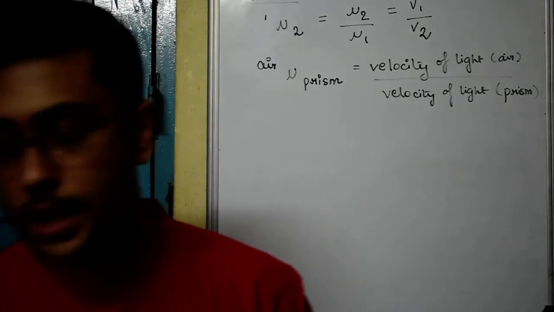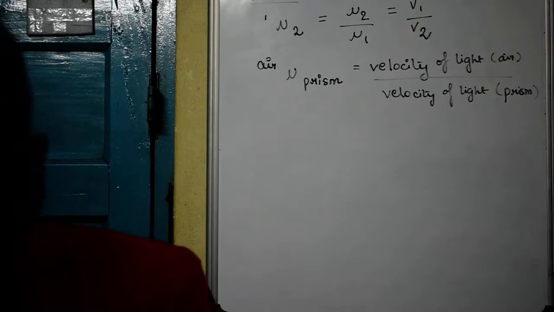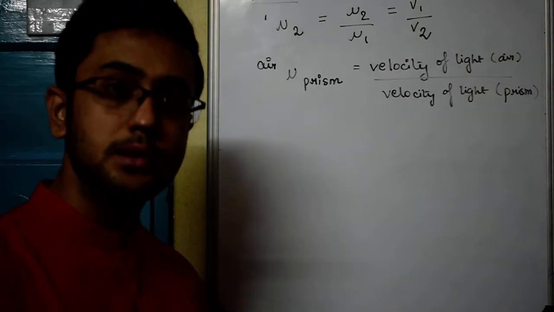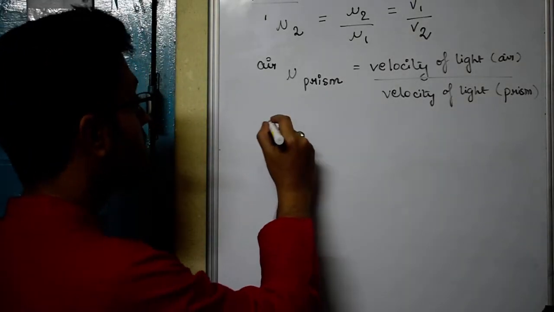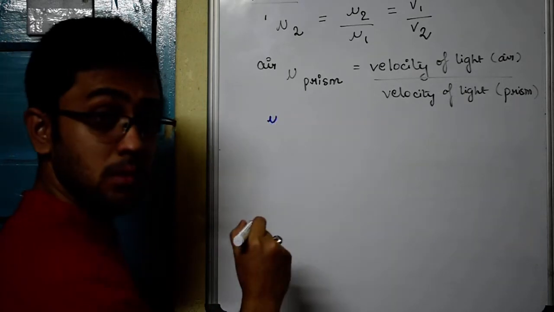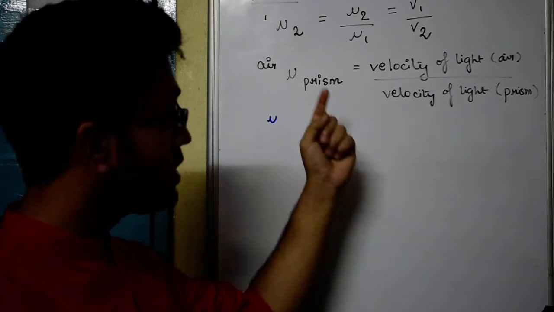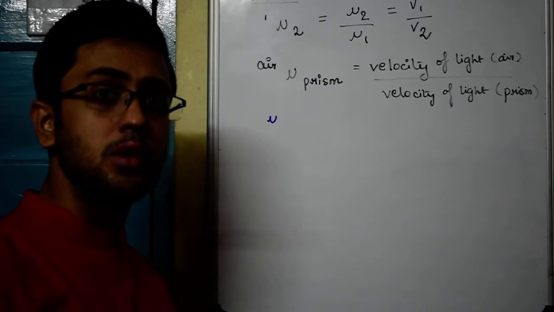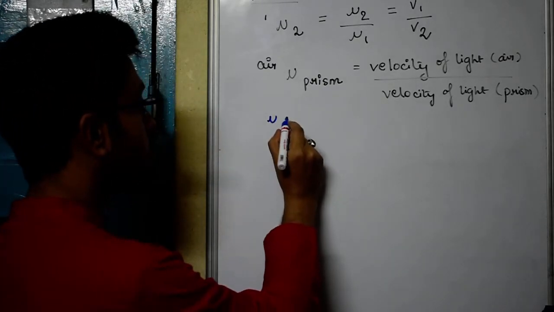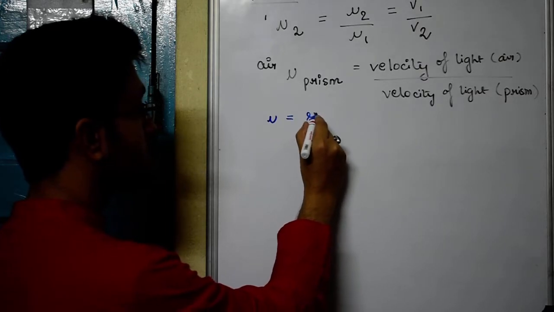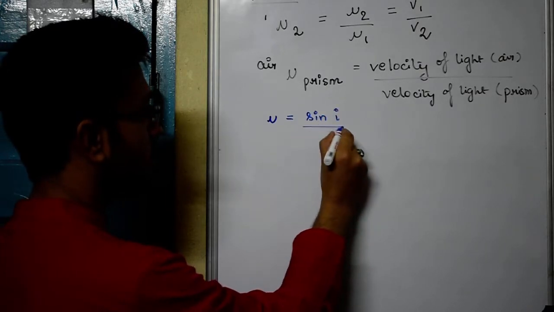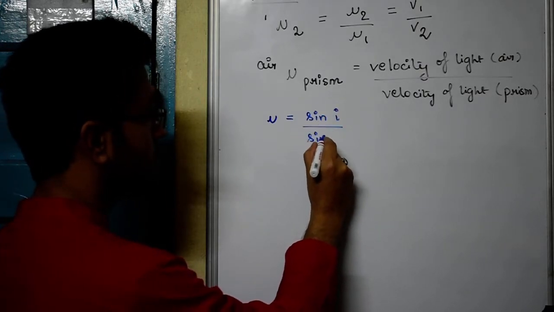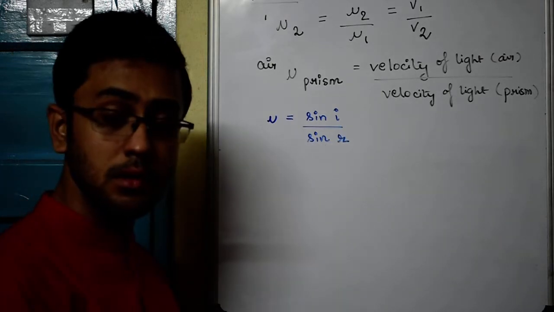Now the velocity of light in the prism shall depend upon the refractive index of the prism. If the refractive index of the prism is mu, the velocity of light in the prism for the different colors will depend on mu. Now we know another thing, that mu is sine of I divided by sine of R.